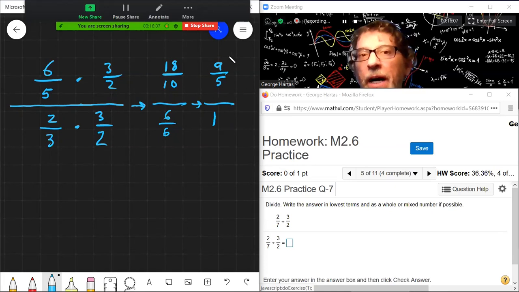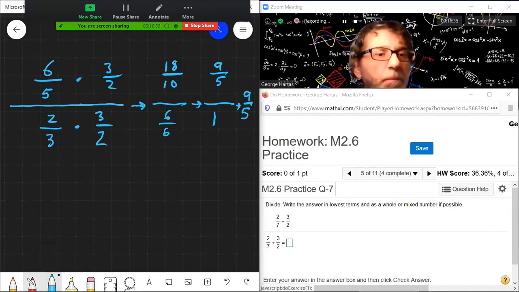Because now we have 9/5 divided by 1. And what's any number divided by 1? That number, 9/5. See that? By multiplying by the reciprocal of this, we were able to get the denominator to become 1, and then we can just focus on the top.